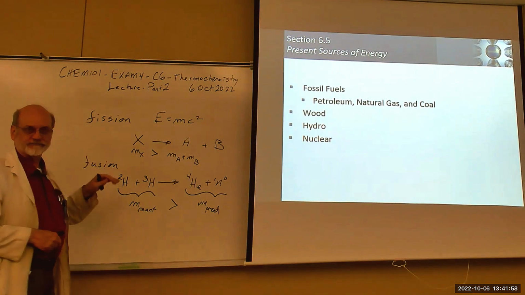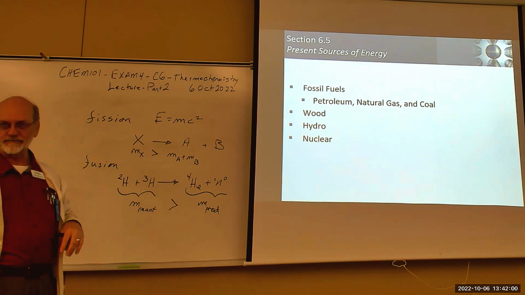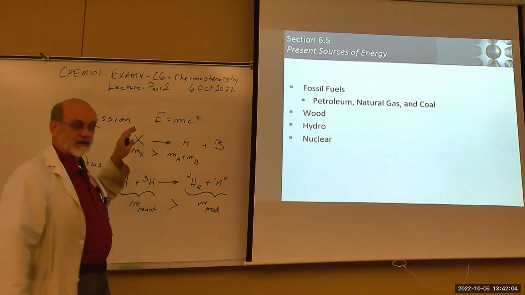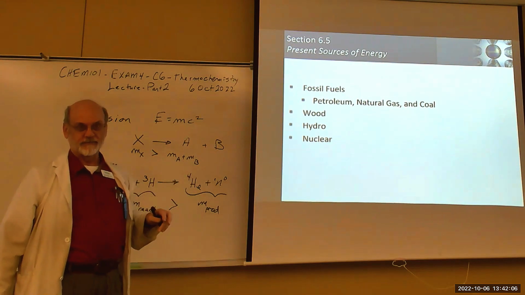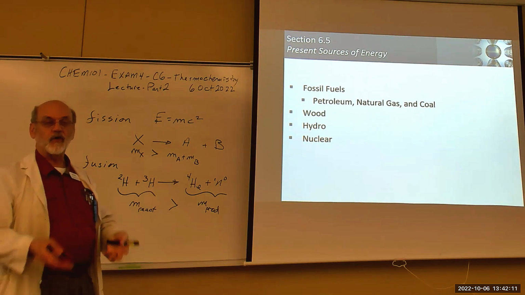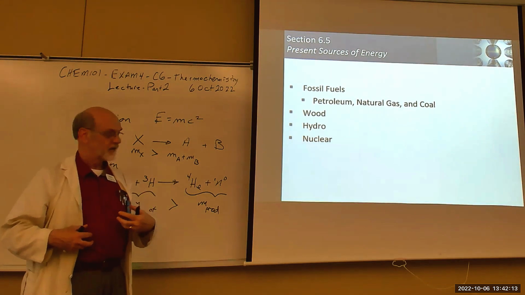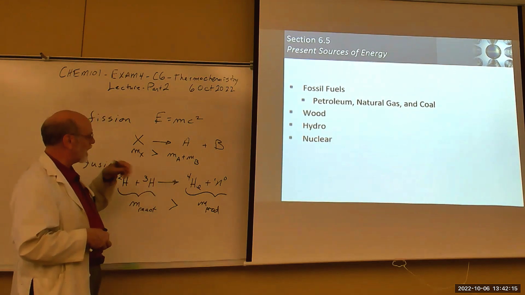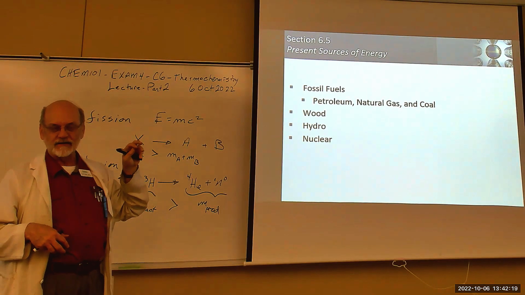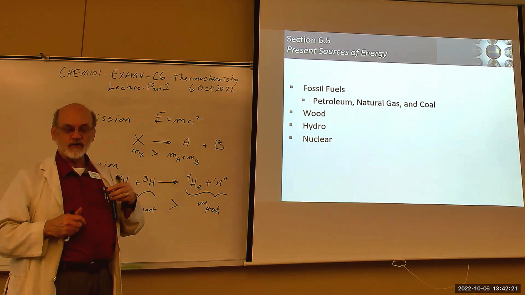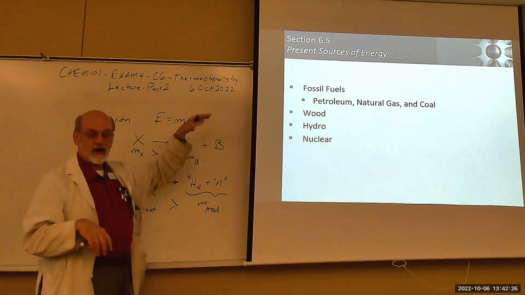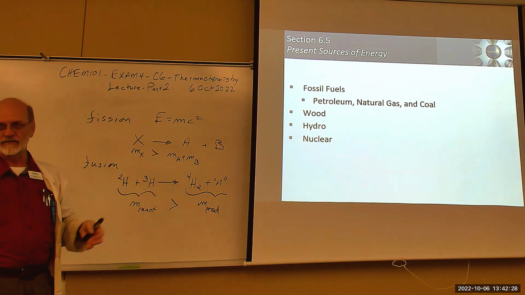Fission is easier. Fission just happens. That's why the nuclear power plant that's based on fission can run away from you, because it will happen no matter what you do. If you remove the control rods that are moderating the flow, the bombardment of neutrons on this element, and lose control, then the neutrons become plentiful, they break down a lot, it gets hotter and hotter and hotter, and China syndrome.